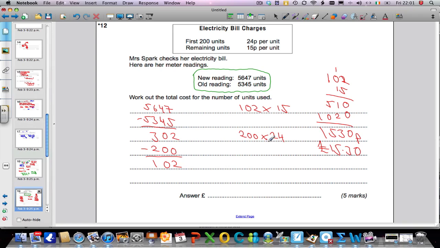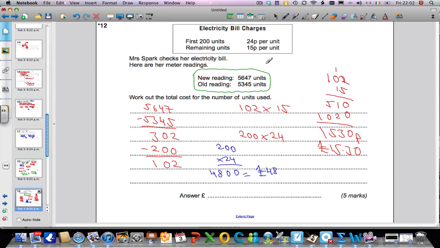We also have to do the other 200 units that she's used. So let's do that now. We're going to do 200 multiplied by 24, which is 48. Right, again, that's 4,800 pennies, which is £48.